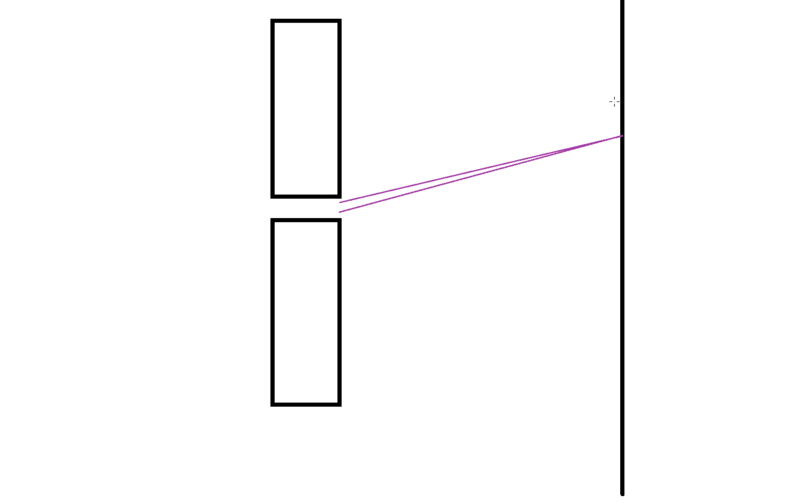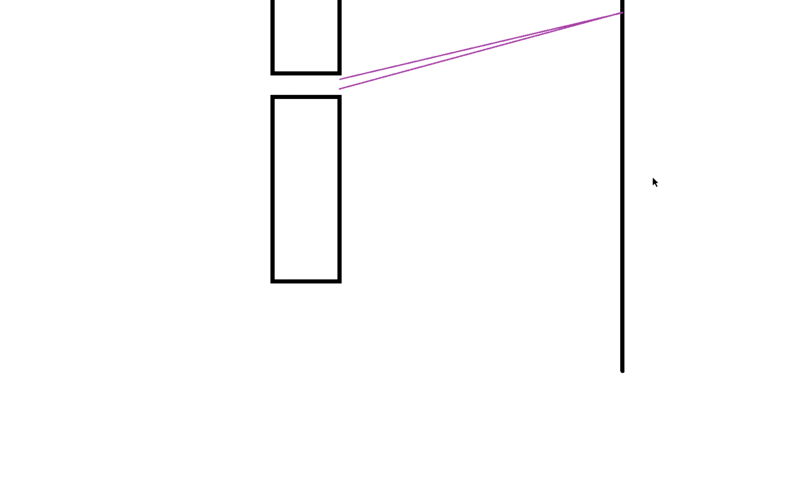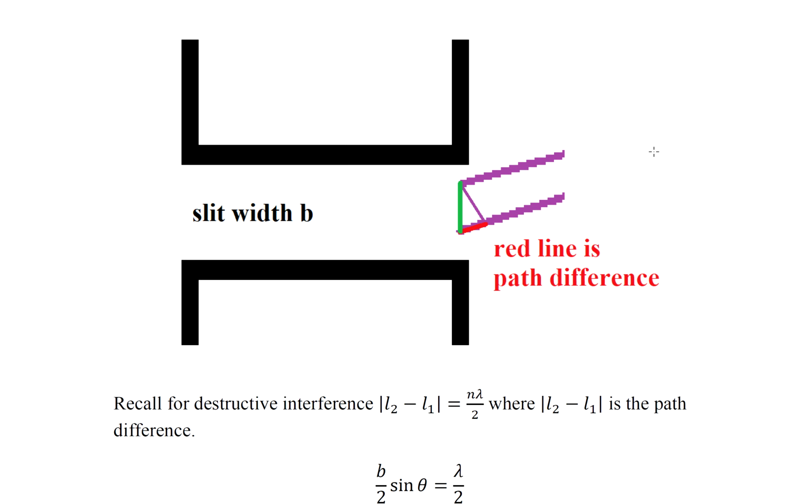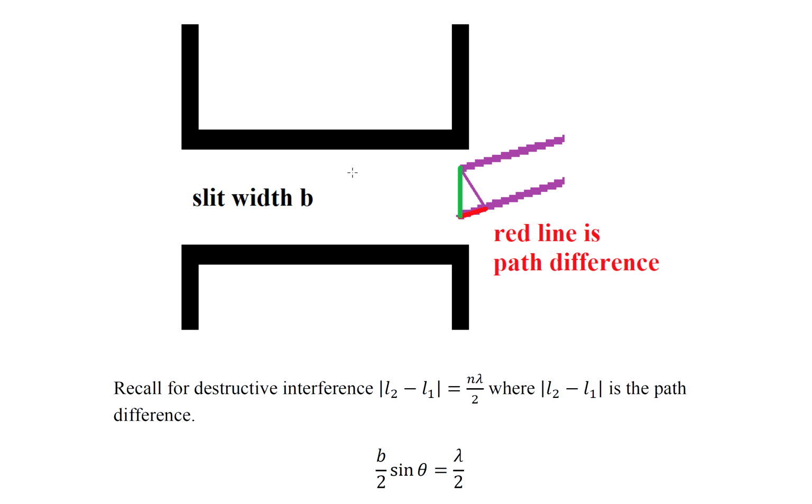This horizontal distance between the single slit and the screen is much longer than this vertical slit width. So we could take these two purple lines to be parallel to each other. And this little red line is the path difference. And this is the slit width b here.